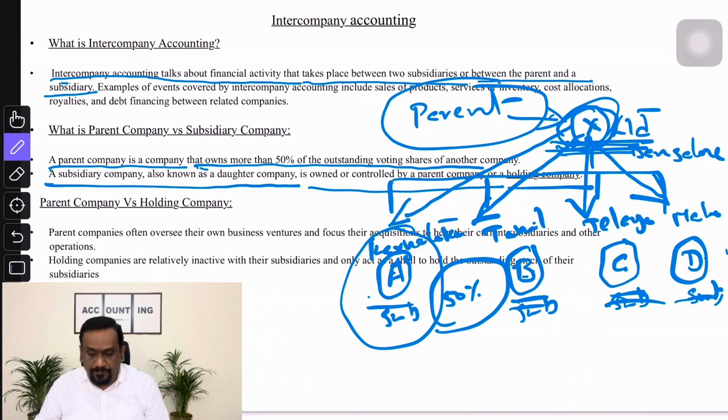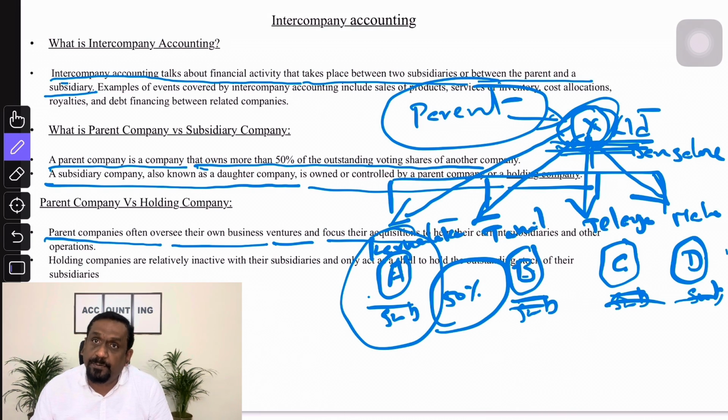What is the difference between a parent company and a holding company? Parent company and holding company are virtually the same, but the slight difference is mentioned here. Parent company often oversees their own business ventures and focuses their acquisitions, and they help subsidiaries as well in their business. Parent companies, what do they do?